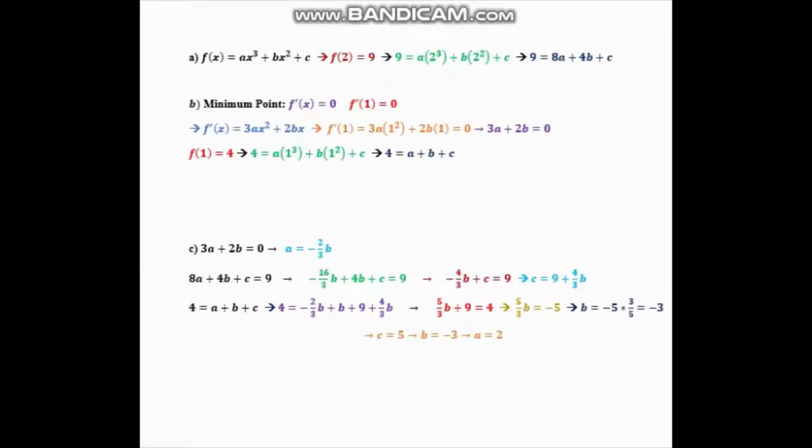So what I've done is I've added these two terms together, giving me this term right there, and then I've isolated the c and written it in terms of b. So now I have a in terms of b and c in terms of b. So I shall simply substitute the a and the c in the third equation with their equivalent forms in b, using the other two equations.